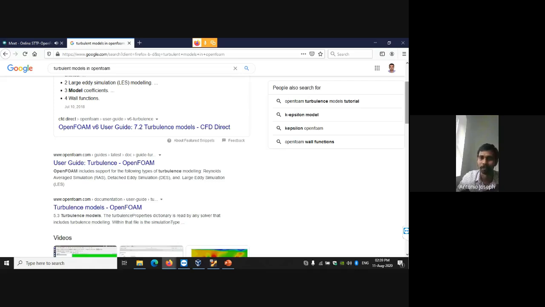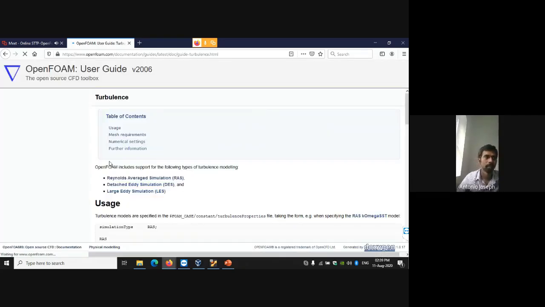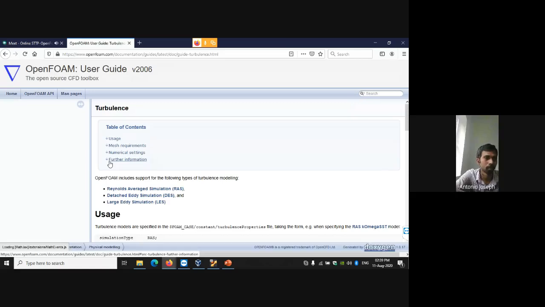Both are different organizations that make this OpenFOAM package. A lot of data is available on those sites, more or less like a guide, you can use that. See, this I'm taking from openfoam.com. Then CFD Direct is there. You can use that also.